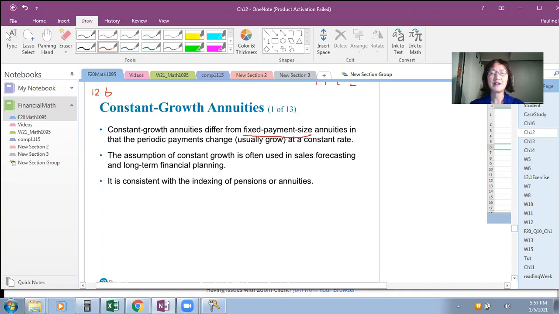For example, every month you save $100 and you do this for 5 years, or every month you make a payment for your rent, $1,000. Okay, so each month the payment is the same, but sometimes the payment is increased at a constant rate. In this case, we need to talk about constant growth annuities.